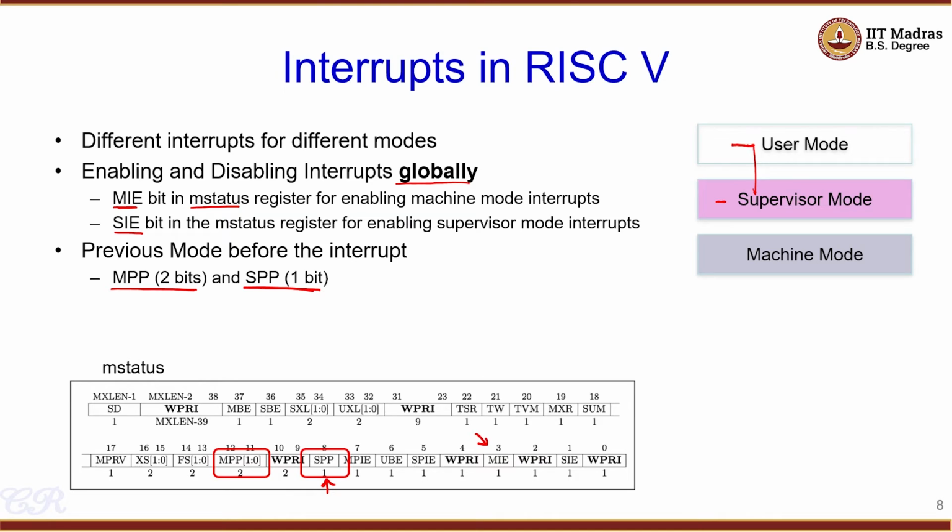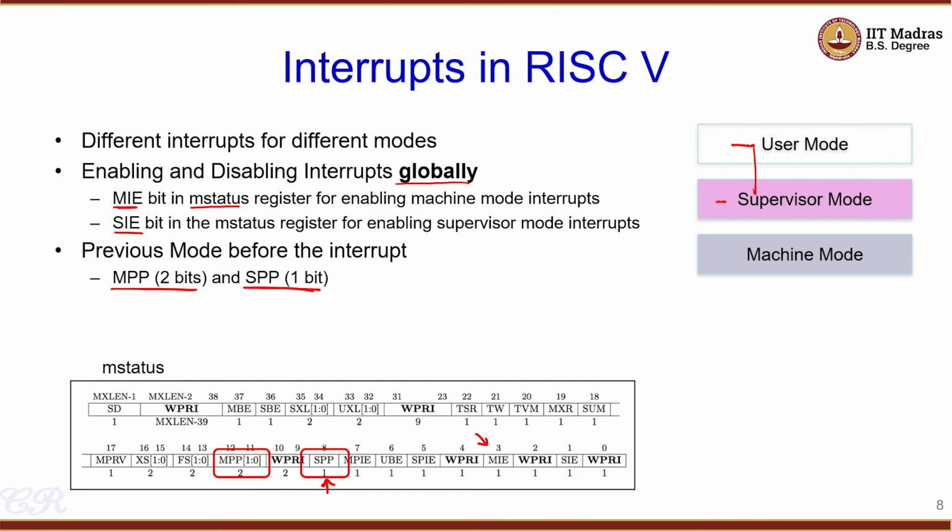So, notice here that MPP has 2 bits while SPP has 1 bit, right. Now, this is because a machine mode interrupt can occur either in the user mode, supervisor mode, or in machine mode, right.